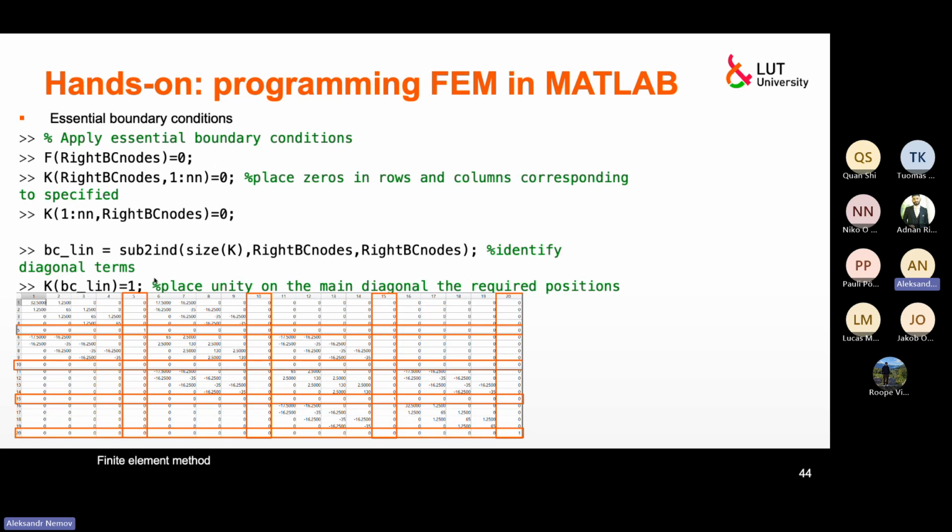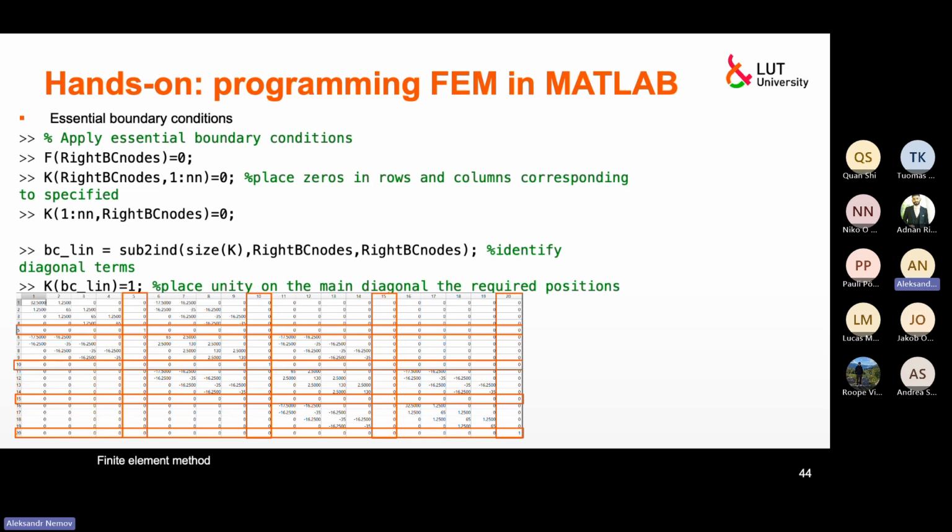So, for this case, when it's a homogeneous boundary condition, when zero is applied, what I can do is cross out all rows and all columns in my mass matrix which correspond to the position numbers of nodes where I want those essential boundary conditions to be applied, and put zeros everywhere in those rows and columns, and only put unity at the intersections of corresponding rows and columns.